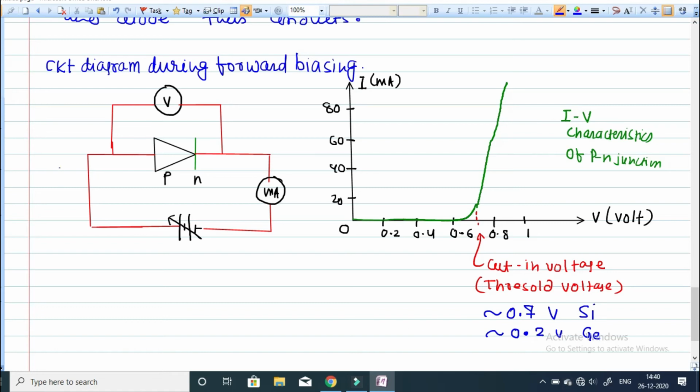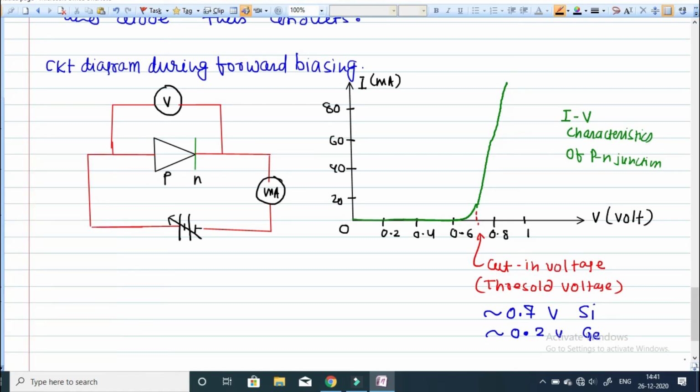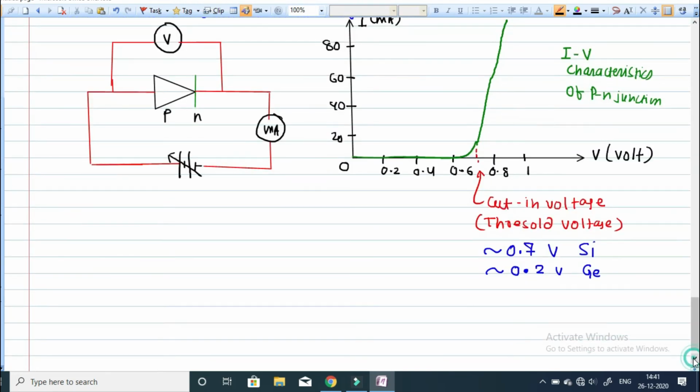Now we will move to the reverse biasing of the PN junction diode. The next topic is reverse biasing of the PN junction diode.